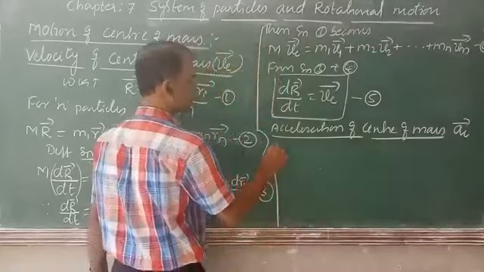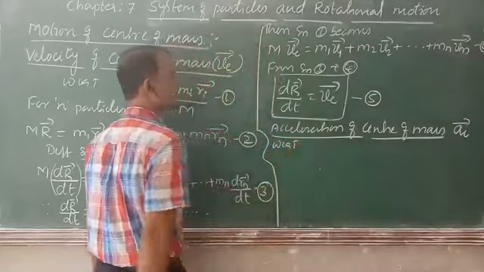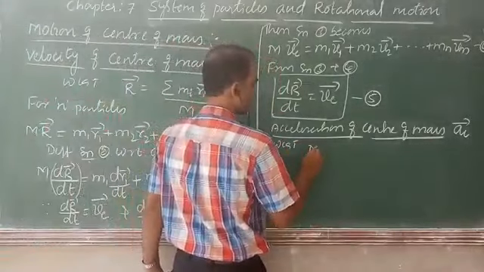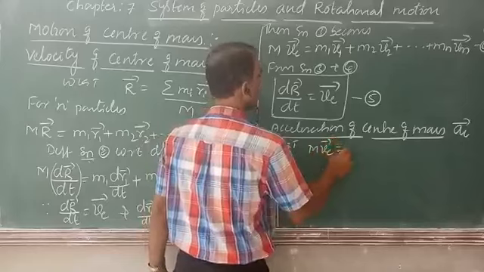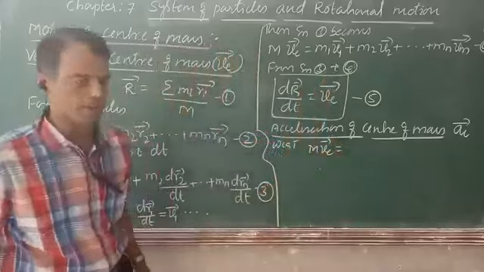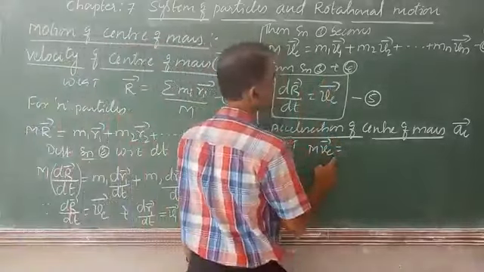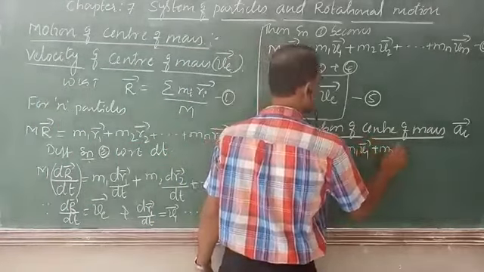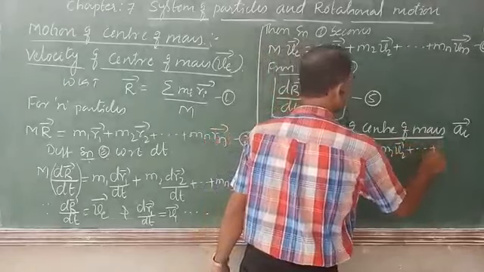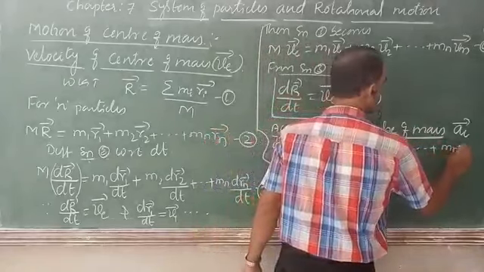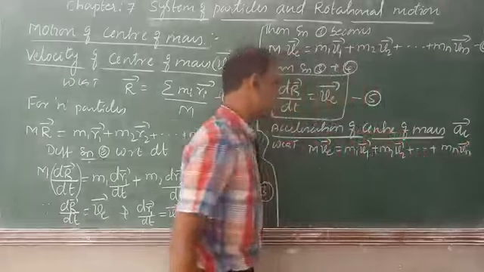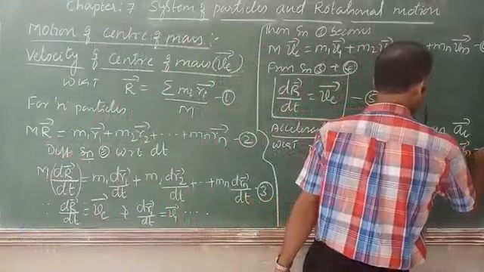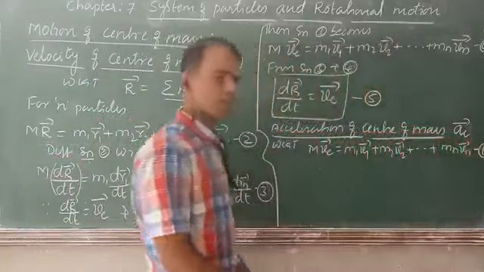We know that the velocity of the center of mass is given by M into vc vector, which for a system of particles is equal to m1 v1 vector plus m2 v2 vector plus so on plus mn into vn vector. This is the expression for the velocity of the center of mass for a system of particles. We call this equation 1.